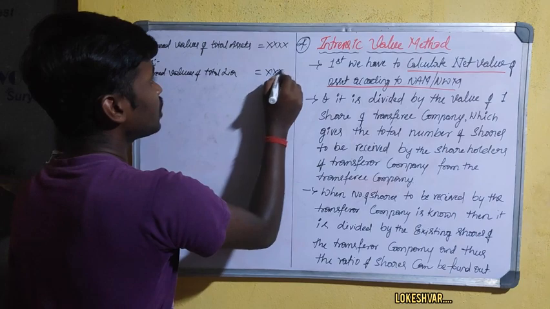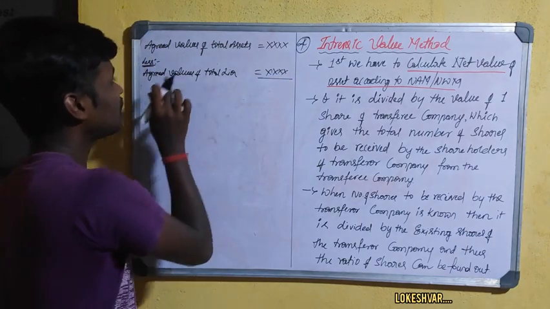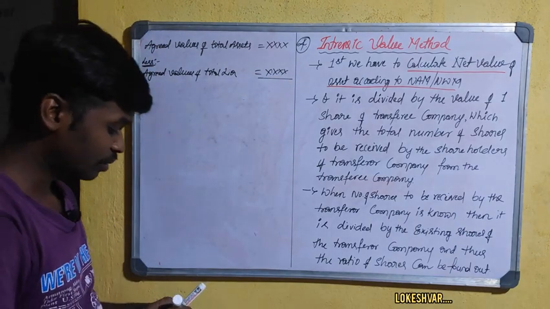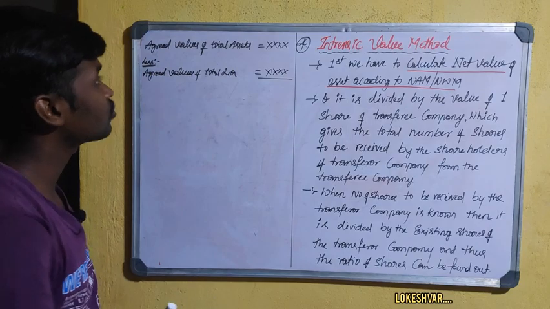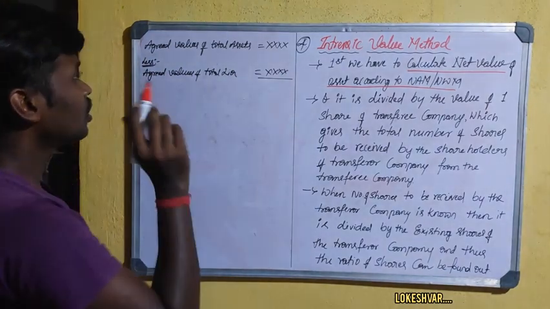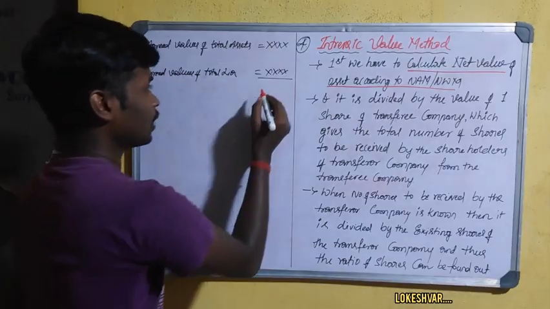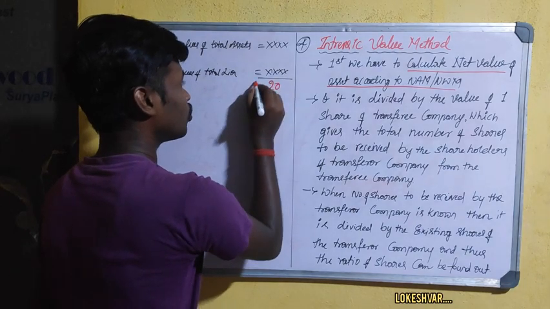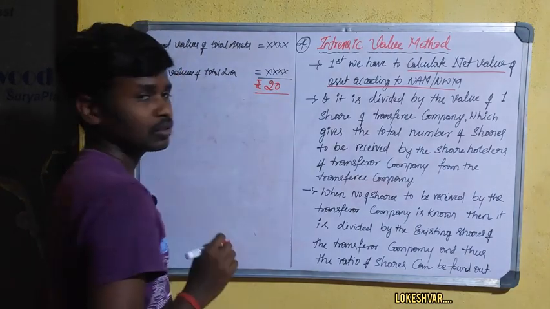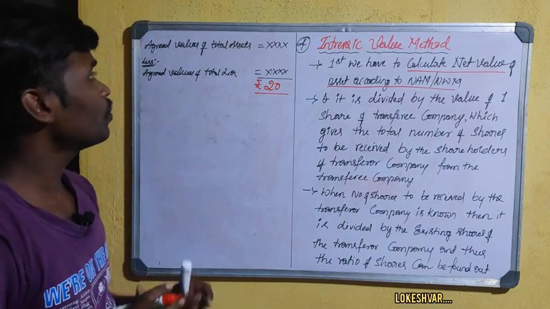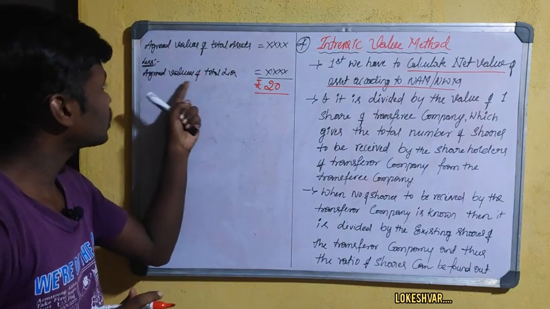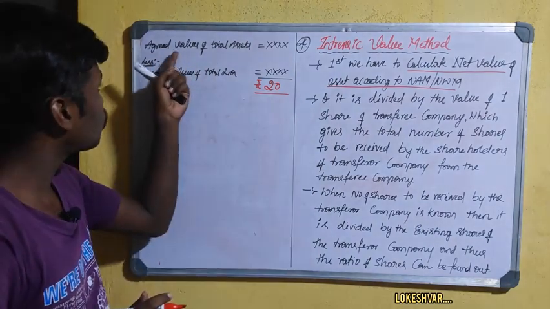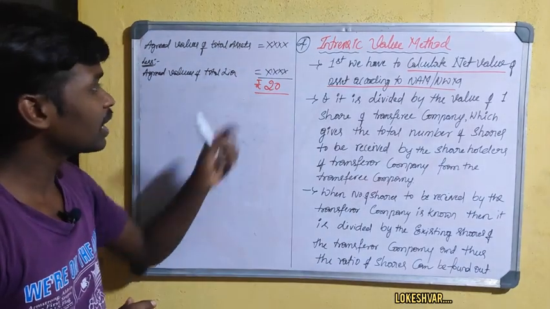After deducting the agreed value of total liabilities from the agreed values of total assets, assume for example you get 20 rupees. This is only an example. Assume after deducting total value of liabilities from total value of assets, you get 20 rupees.